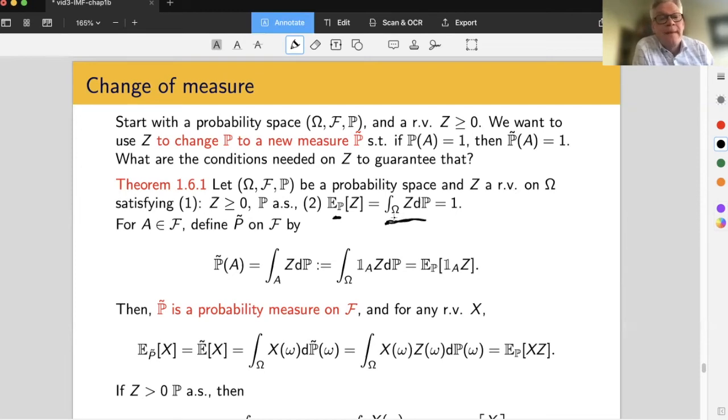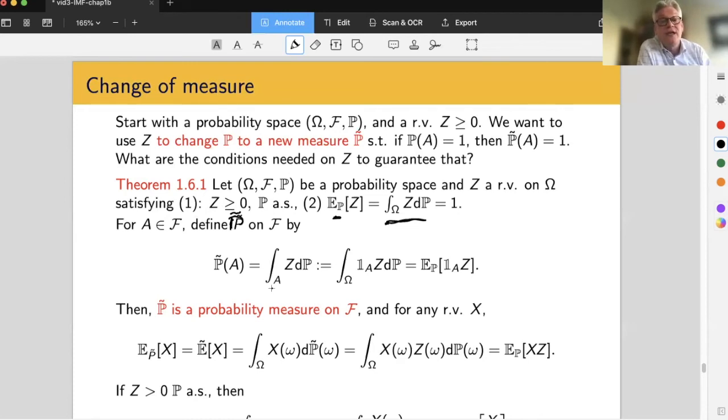For A in F, we define P tilde on F as follows. P tilde of A is by definition the integral over A of Z dP. This is measure theoretical notation.